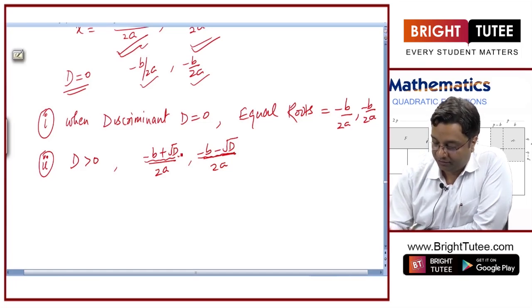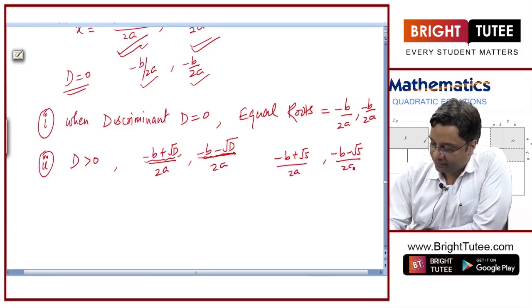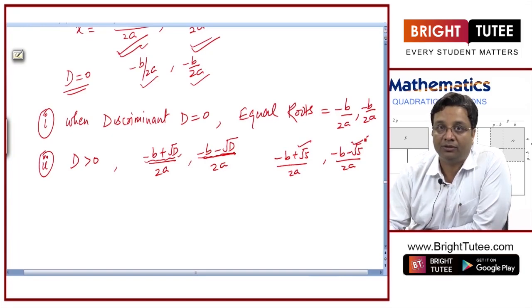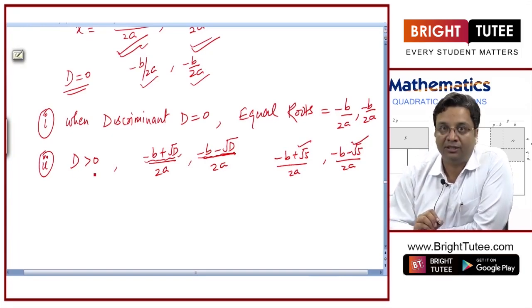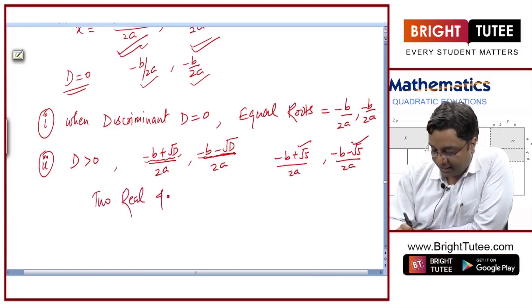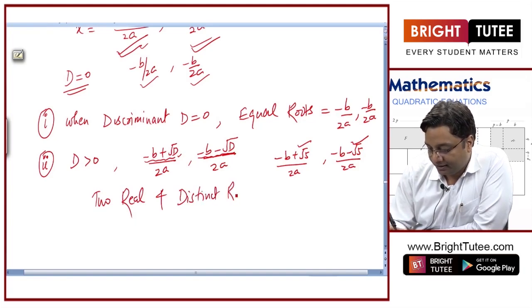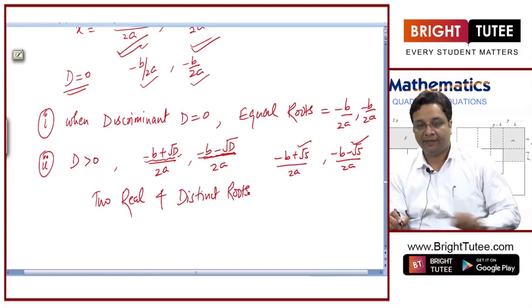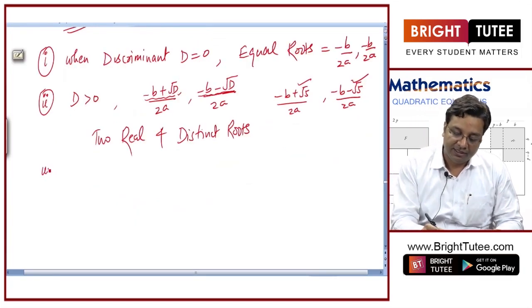D is positive, so let's say d is 5. Minus b plus root 5 and minus b minus root 5 are two distinct values. When d is greater than 0, we will have two real and distinct roots.